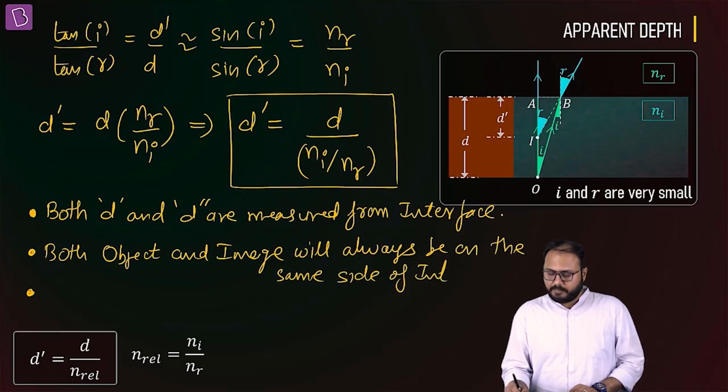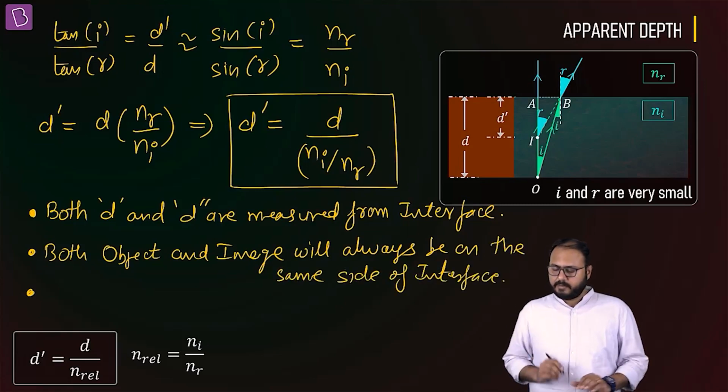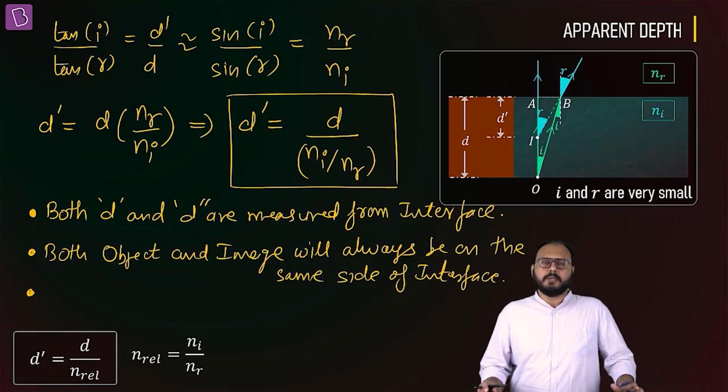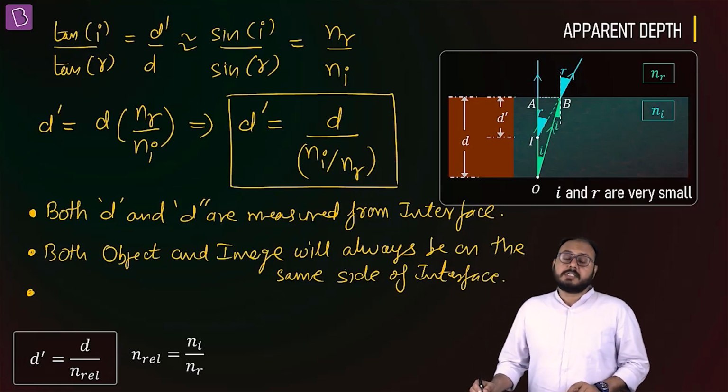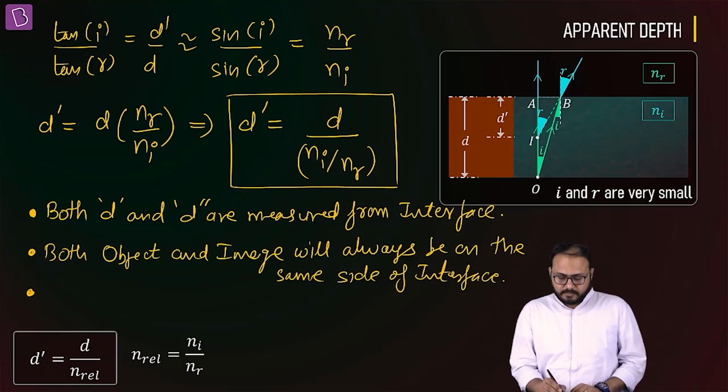Now, this is a brilliant point. You don't realize this right now, you will. Both object and image will always be on the same side of the interface. Same side, always.